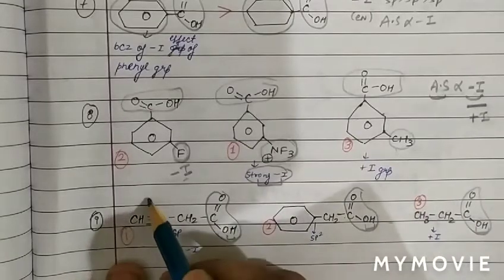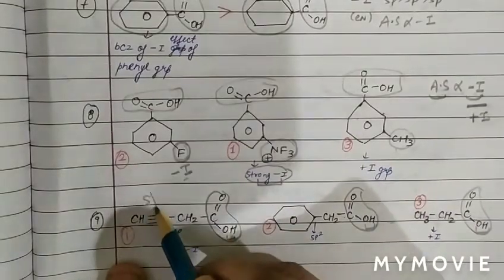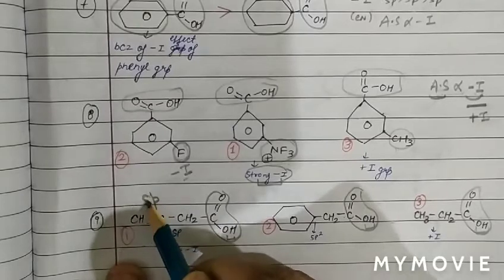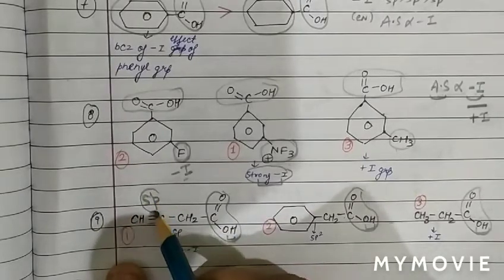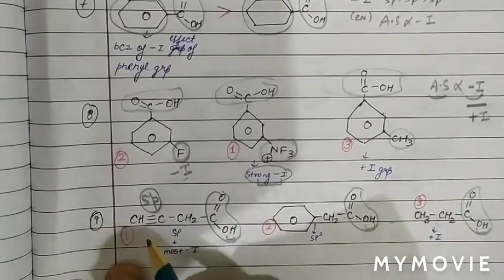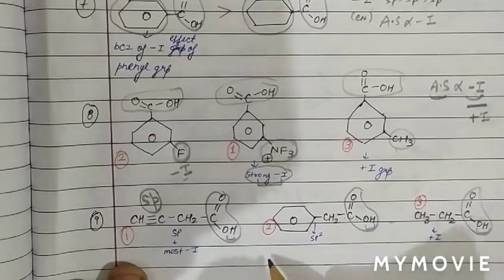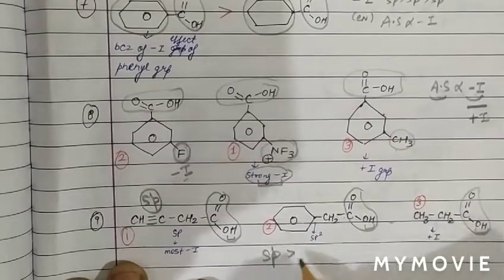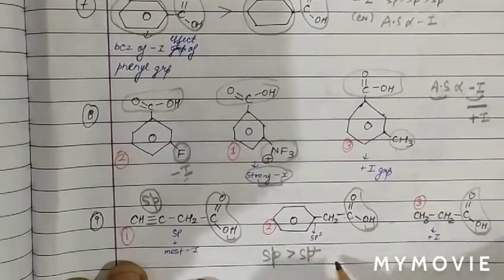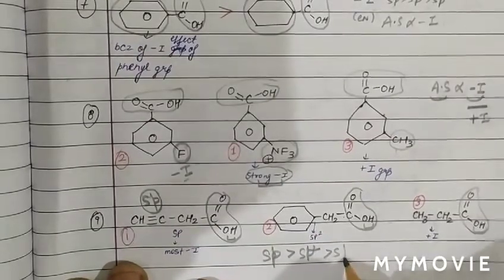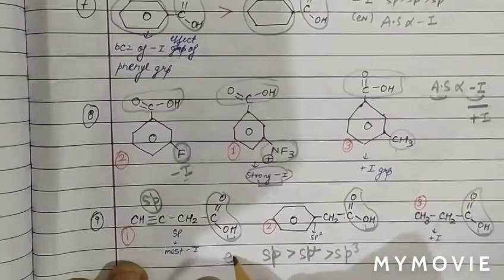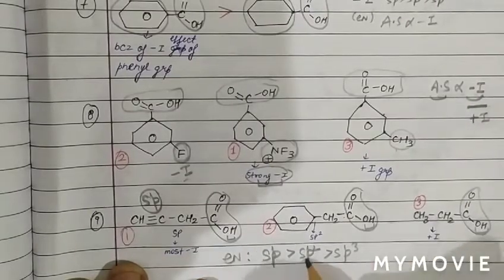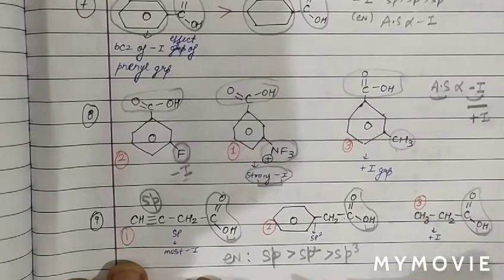As we can see here, an sp hybridized carbon atom is present, and here sp2 hybridized carbon is present, and we know the electronegativity of sp carbon is more than sp2 and then sp3.